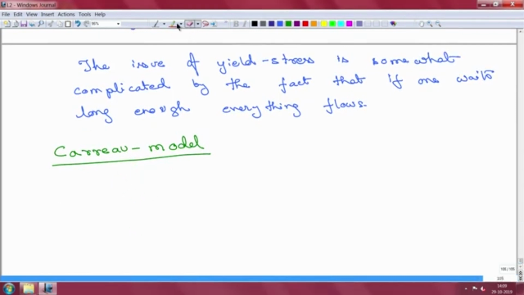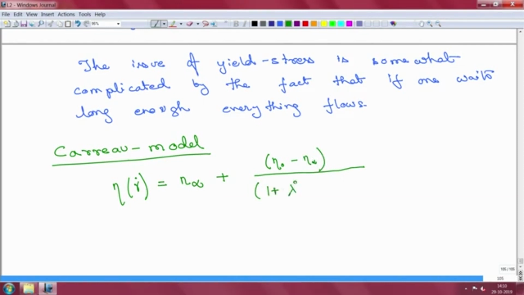Eta of gamma dot, so your viscosity, when we write it this way, implies that your viscosity is a function of the shear rate. It is usually written as one constant, eta subscript infinity, plus a fraction given by eta naught minus eta infinity, times 1 plus lambda squared gamma dot squared, raised to the power (1 minus n) by 2.